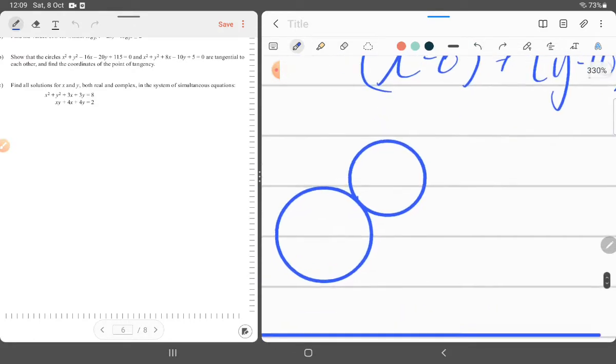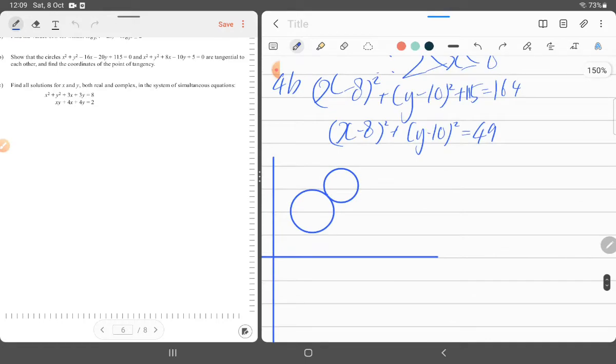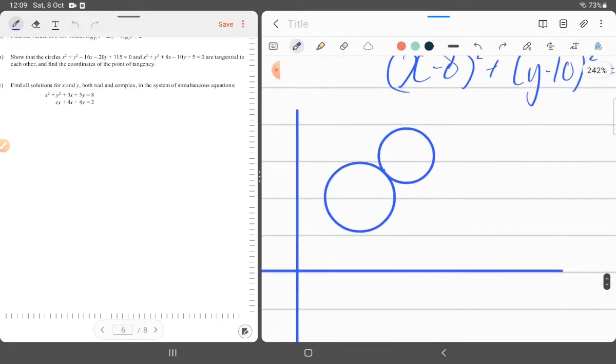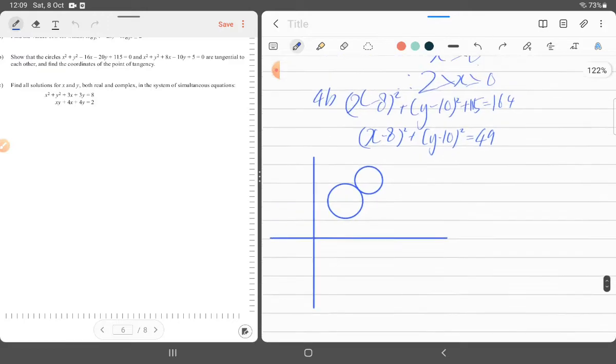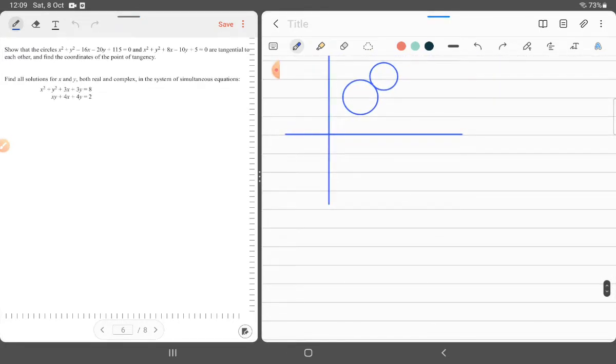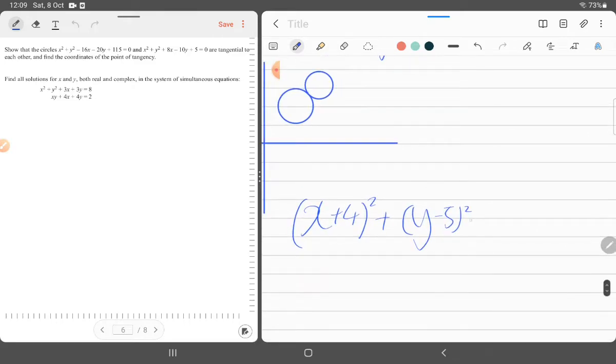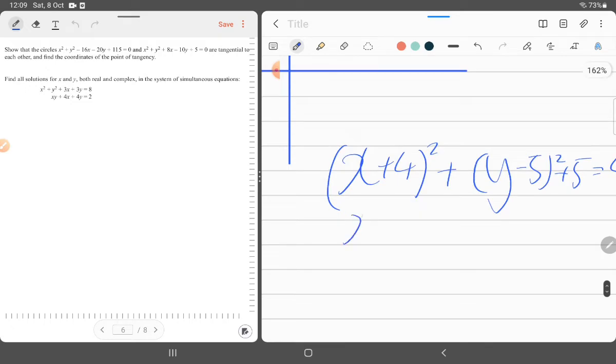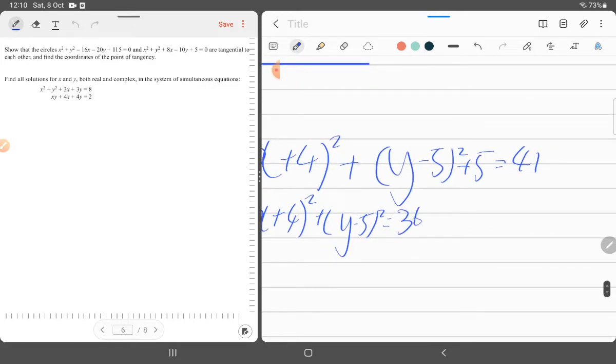So this is a circle with a radius of 7 at 8, 10. Actually, let's check the other one first. 25 plus 16 is 41, so x plus 4 is equal to 36, so radius 6.